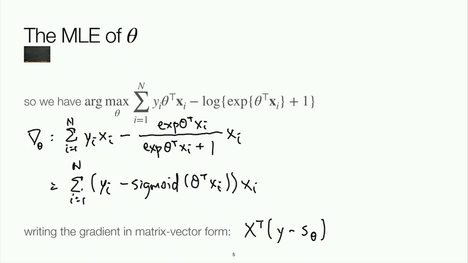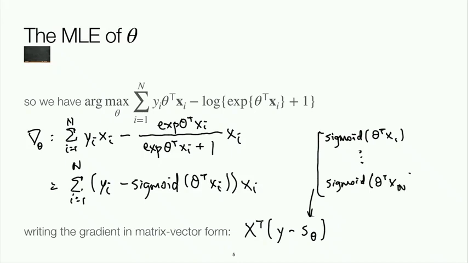We know what those things are, X and y. We've seen those before. This s theta is new. This is just a notational convenience. What I mean by this is the vector that looks like sigmoid of theta transpose x1 as the first entry, and then we go all the way down to sigmoid of theta transpose xn as our last entry.